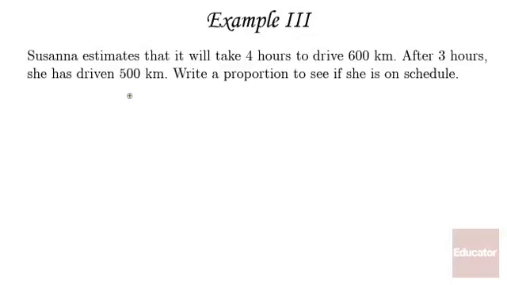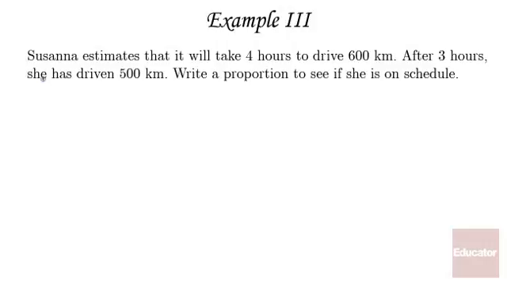The third example, Susanna estimates that it will take 4 hours to drive 600 kilometers. After 3 hours, she has driven 500 kilometers. Write a proportion to see if she is on schedule. So basically they're asking if you make a ratio of this and a ratio of the next part, are they the same? That's all it's asking. Okay?